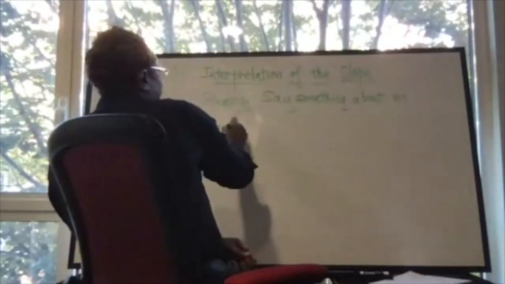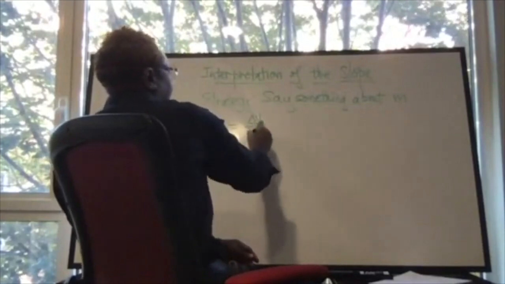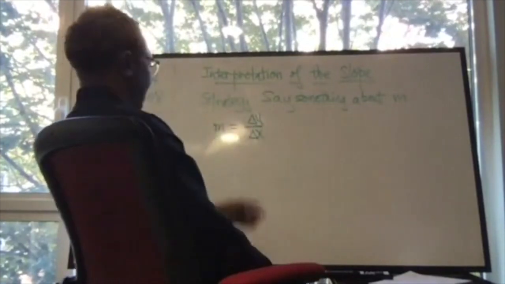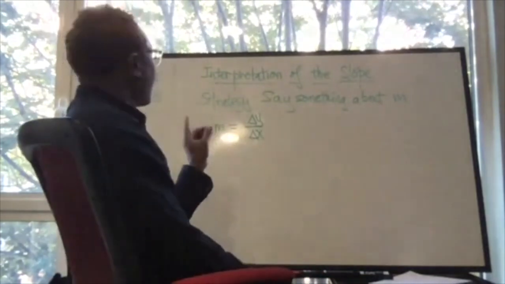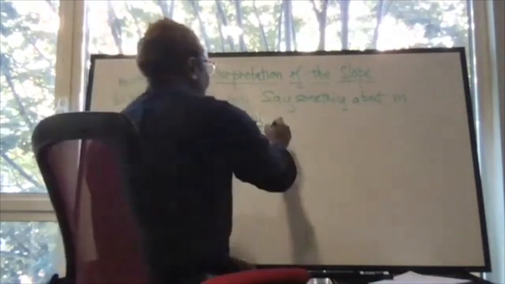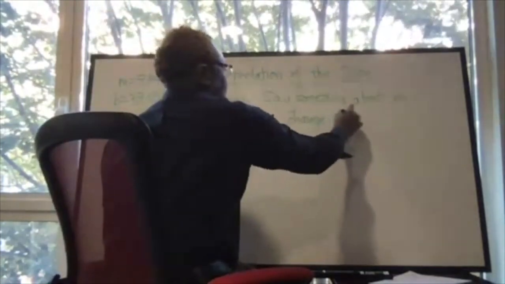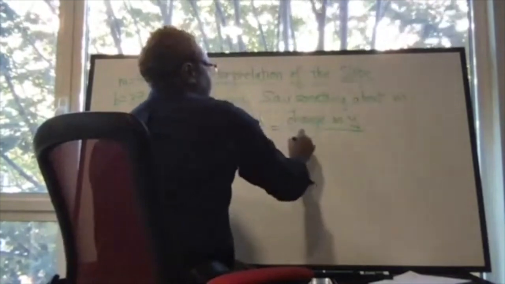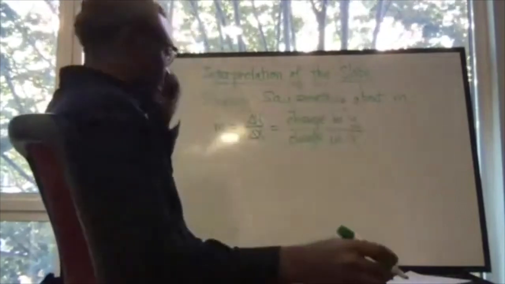Remember what M represents? Remember how we say delta Y over delta X? I don't know if I used that term with you guys before, but you may remember that from high school. Delta Y over delta X, or I'm going to say the change in Y over the change in X.